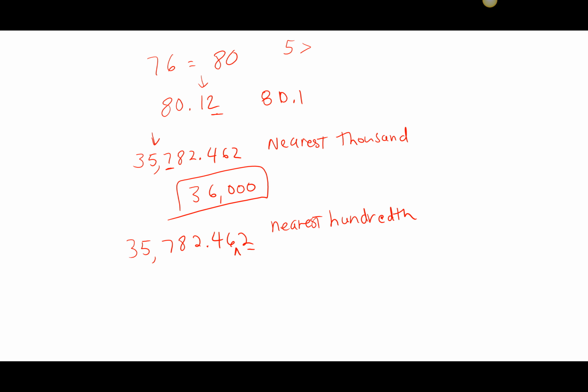So in that case, the nearest hundredth is just going to be 35,782.46. And it would be 0 here, but since it's to the right of the decimal, we can drop that 0. All right, good. And that's how you do rounding.